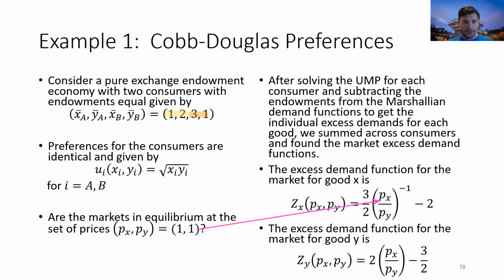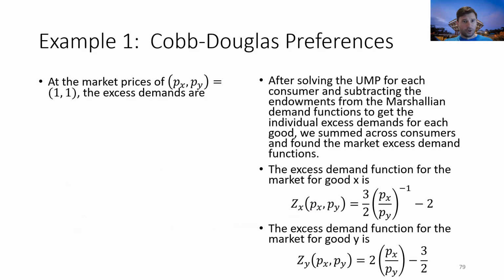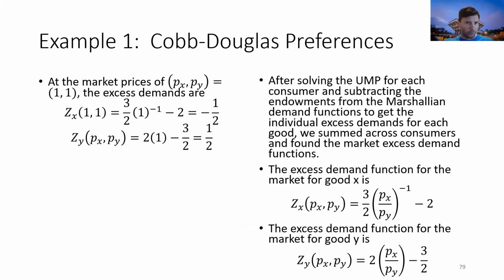Okay, what about in the market for good Y? Also not in equilibrium. The excess demand for good Y would be positive 1/2 at those prices. So all we had to do here is plug in the price to see that the excess demands were not equal to 0. They were not in equilibrium.